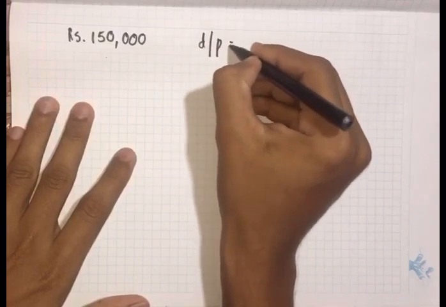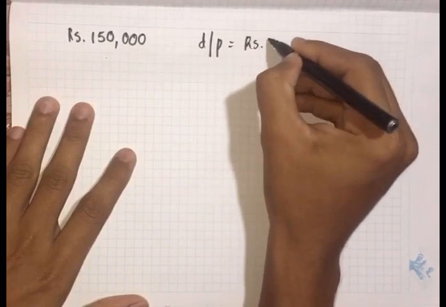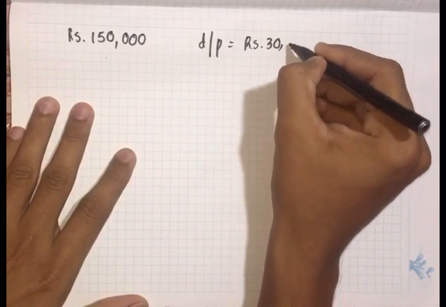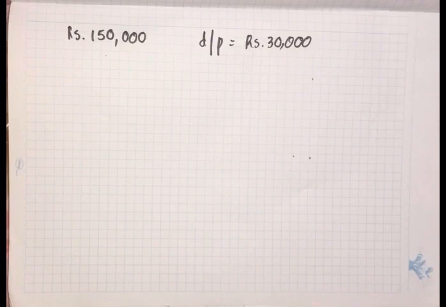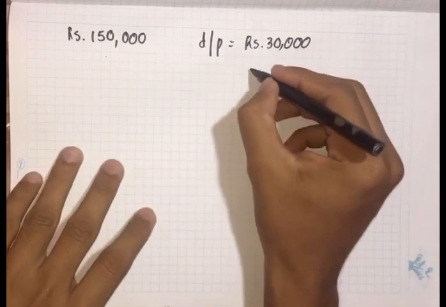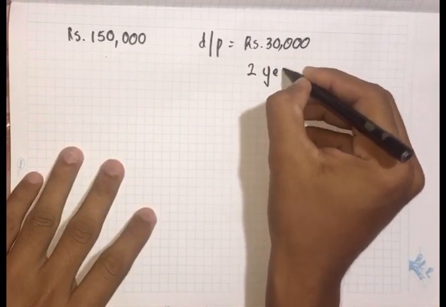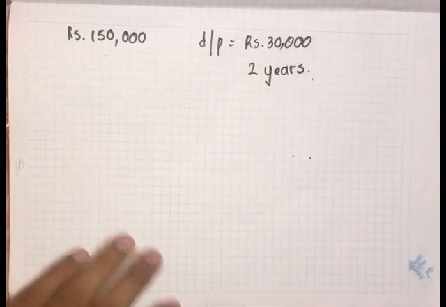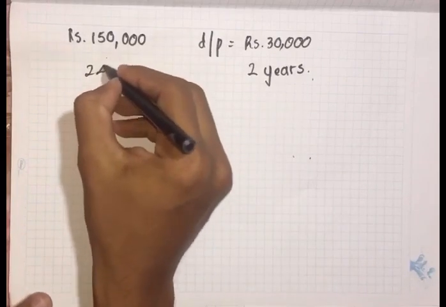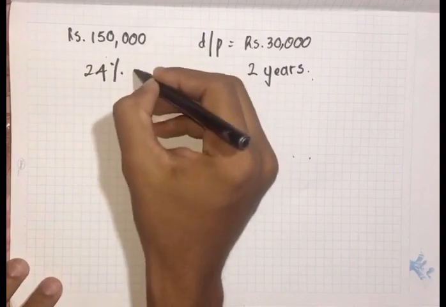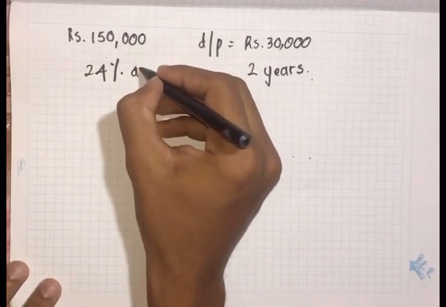That means at the spot he is paying an amount of 30,000 and he can take the bike home. The balance is paid in 2 years in equal monthly installments. And then they are saying the interest rate is 24% annually, right? Yes, annual rate.